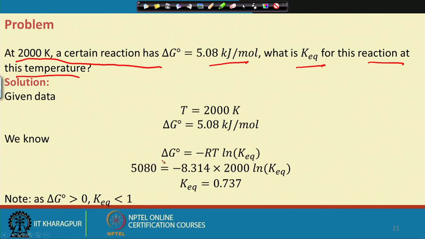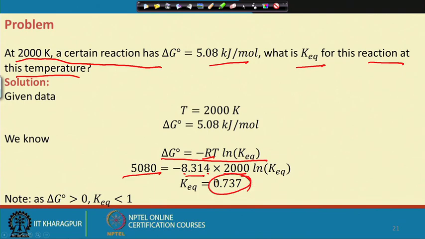Now, we have the correlation: the standard free energy change equals minus RT ln K. Here K, the equilibrium constant, is not given. We have R as 8.314, which is known to us, the temperature is 2000 Kelvin, and the change of free energy is this.